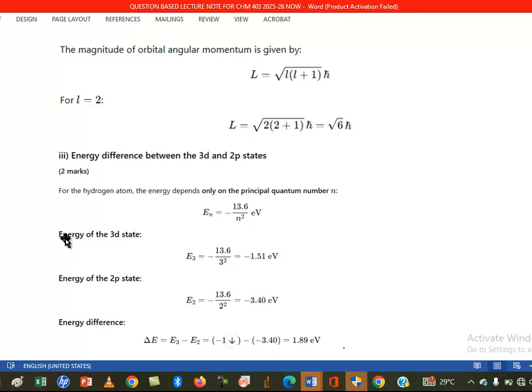So the energy of the 3D state will be E3 is equal to minus 13.6 over 3 squared, that's 9, and that will be minus 1.51 eV. For the 2p state, it is going to be over 2 squared, which is 4, and that is going to be minus 3.4 eV.